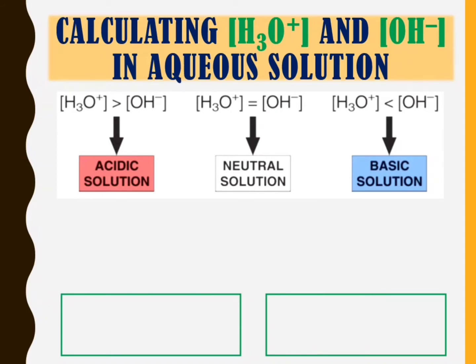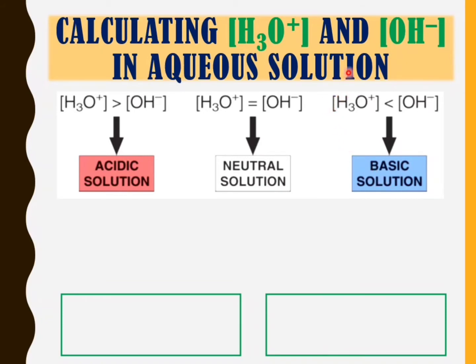Okay, if the concentration of H3O plus higher than OH minus, means that solution should be acidic solution. If the concentration H3O plus equal to OH minus, like pure water just now, it should be neutral solution. While if the concentration OH minus bigger than H3O plus, it should be basic solution.